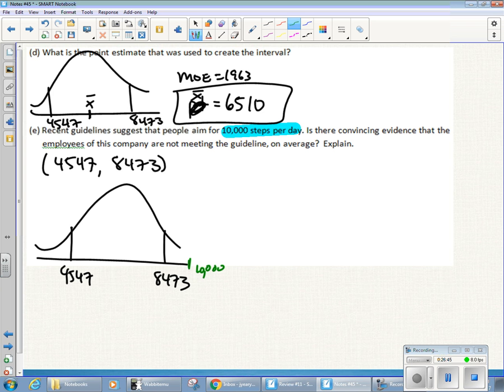So would you be willing to say, based on the interval that you see here, that this company is reaching 10,000 steps a day? Well, absolutely not, because it's not inside the confidence interval.